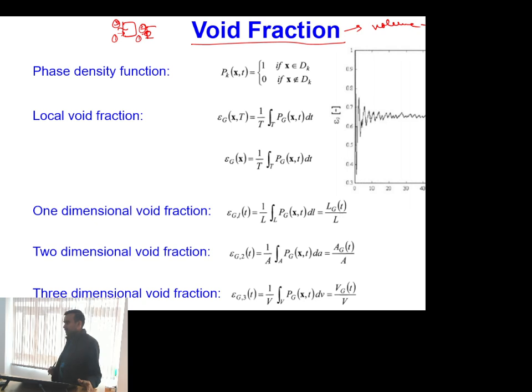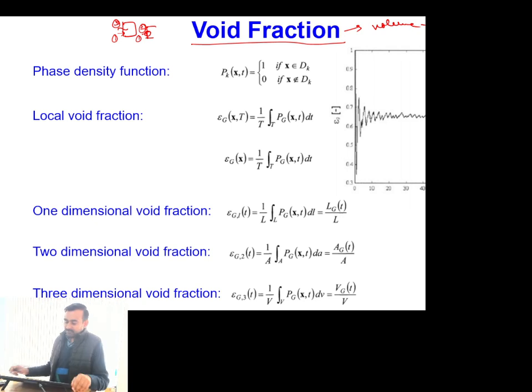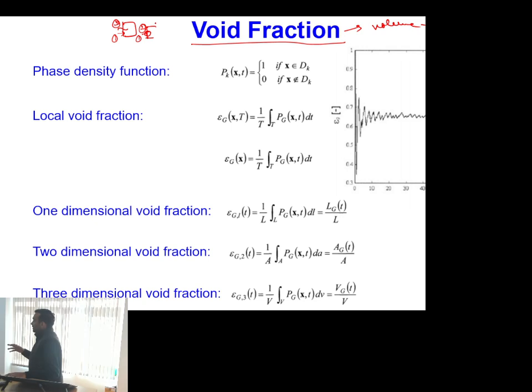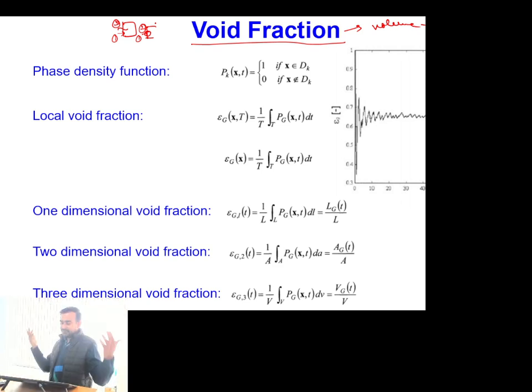Are all clear with this idea? Void fraction is a parameter which keeps on changing with time, and also keeps on changing with different locations. So it has significant variations in different portions of the domain which we are considering.